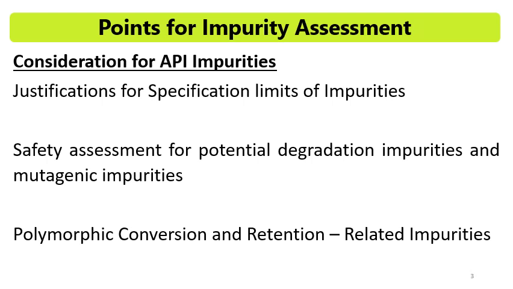So the same API may get formulated into different formulations and can be administered by different routes. So that point should be considered when you are going to study the API related impurities.